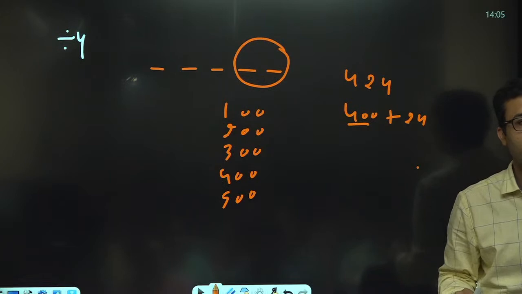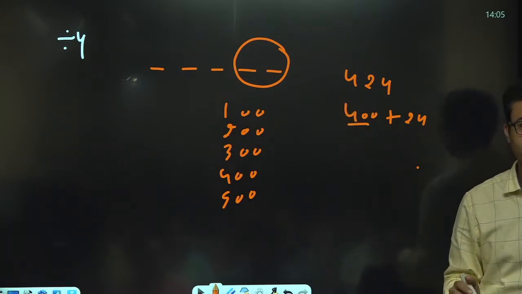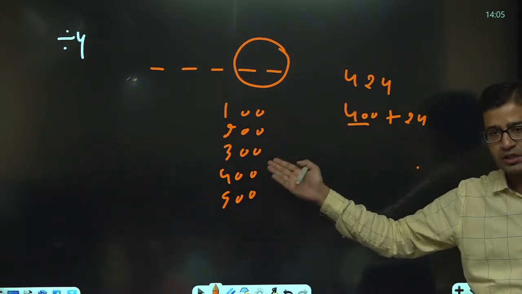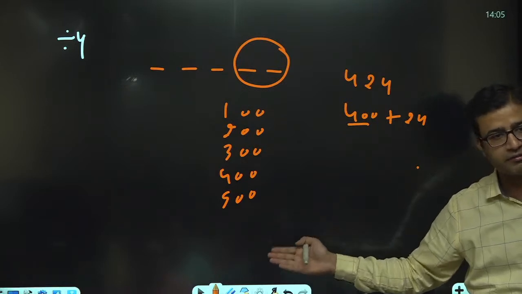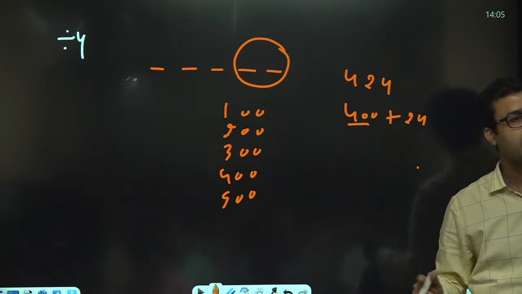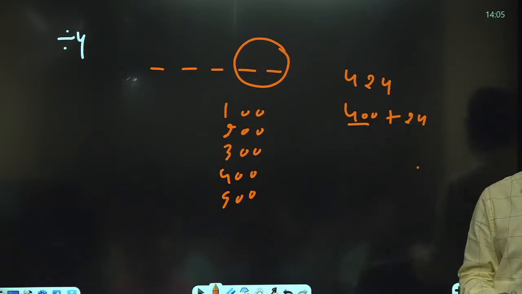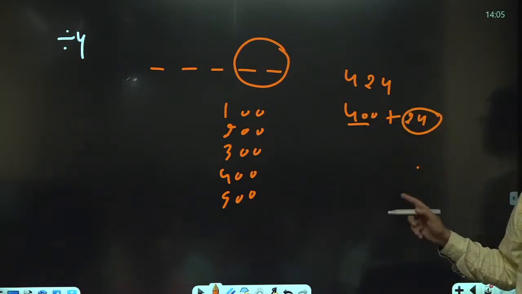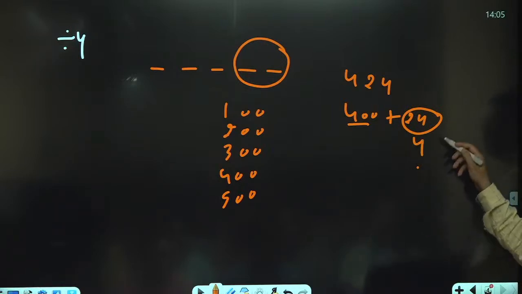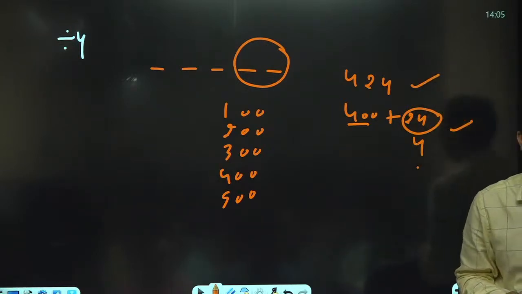This is the logic behind it. Why do we check only the last 2 digits? Because 100, 200, 300, up to 1000, these are multiples of 4, so you can skip them. Here 24 is divisible by 4, so yes, this complete number is divisible by 4.